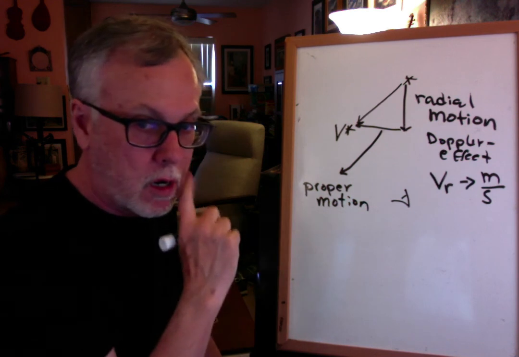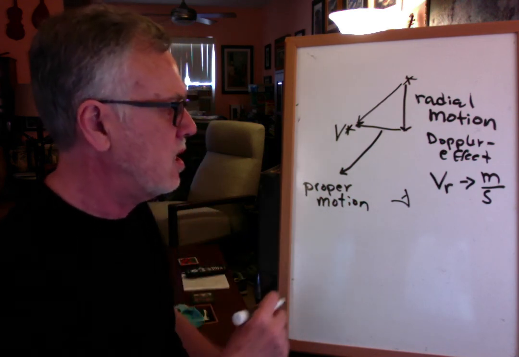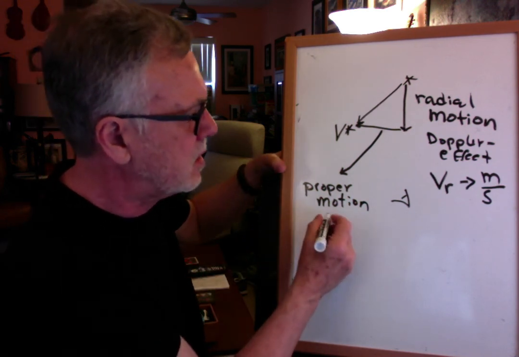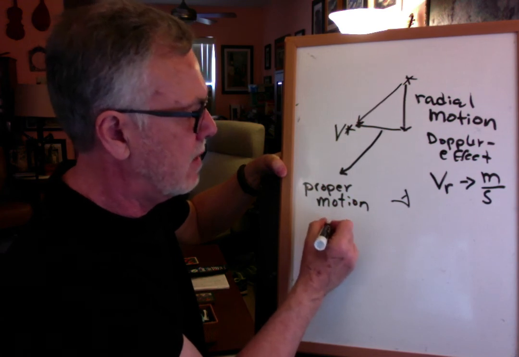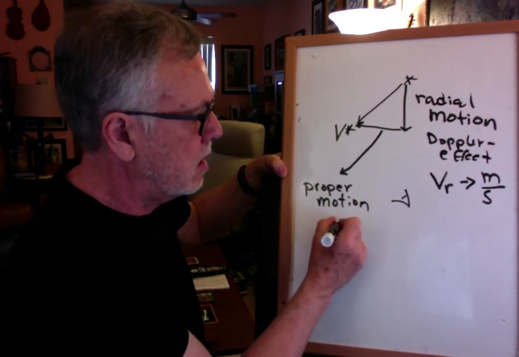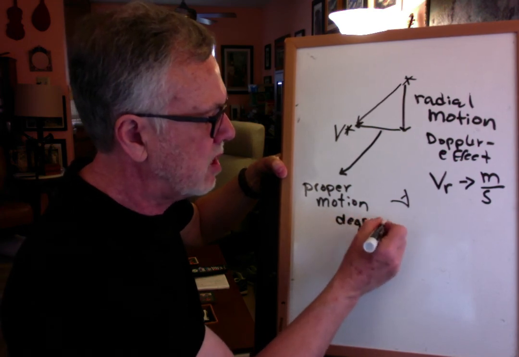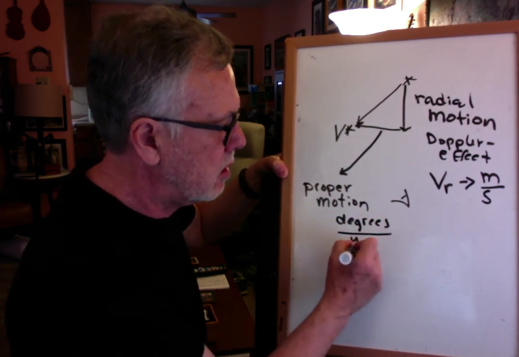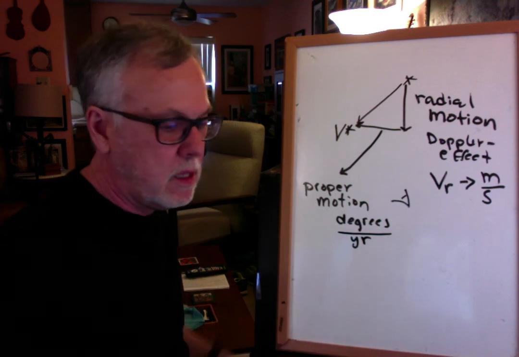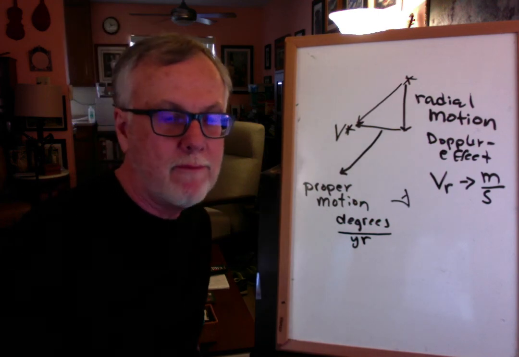And the star's proper motion is basically measured in effectively degrees that it moves per year across the sky, and that proper motion's very, very small.